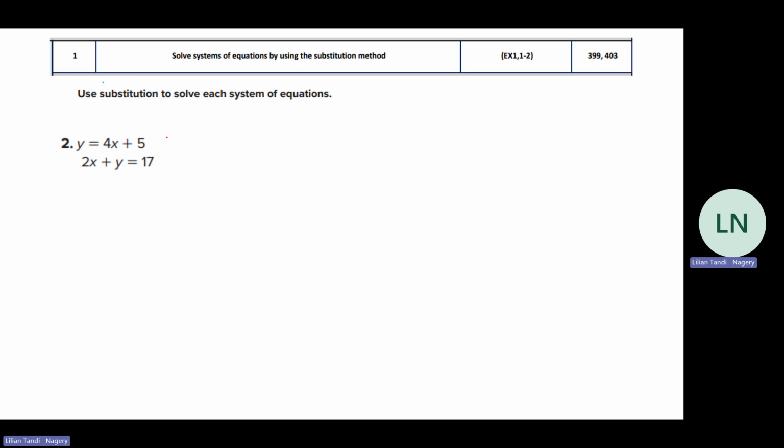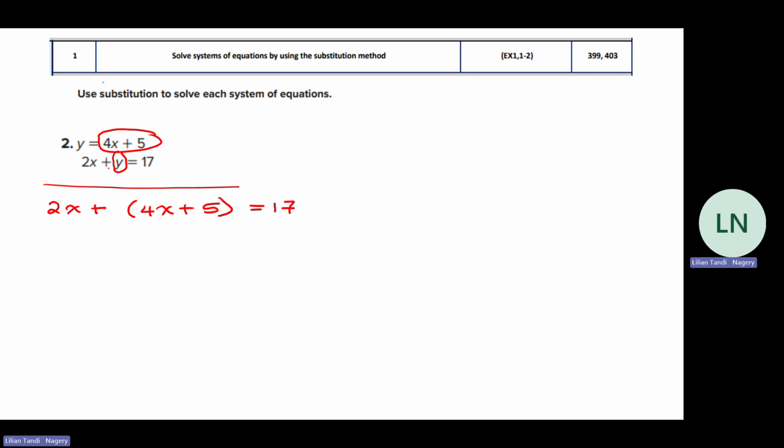Okay, so same thing here. My equation starts with one variable. I will select it. I will replace it over here. So now my new equation will be 2x plus parentheses 4x plus 5 equals 17.